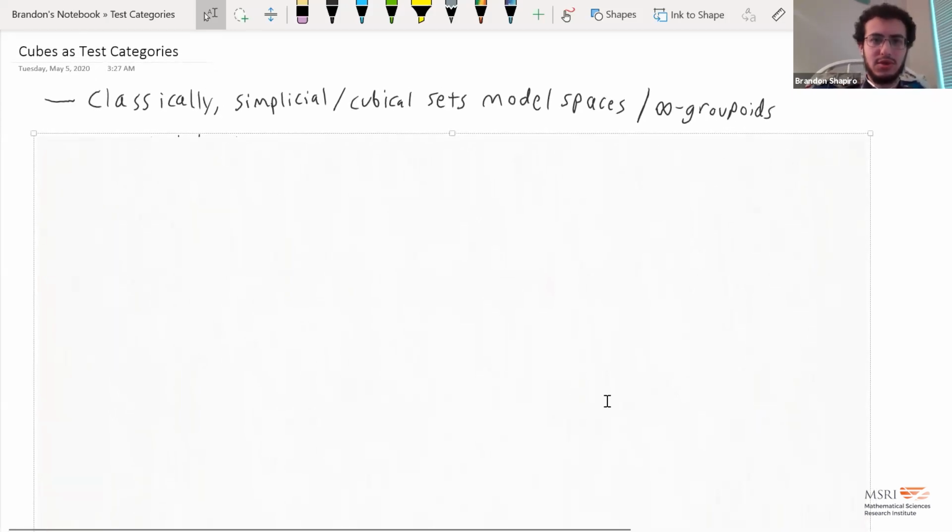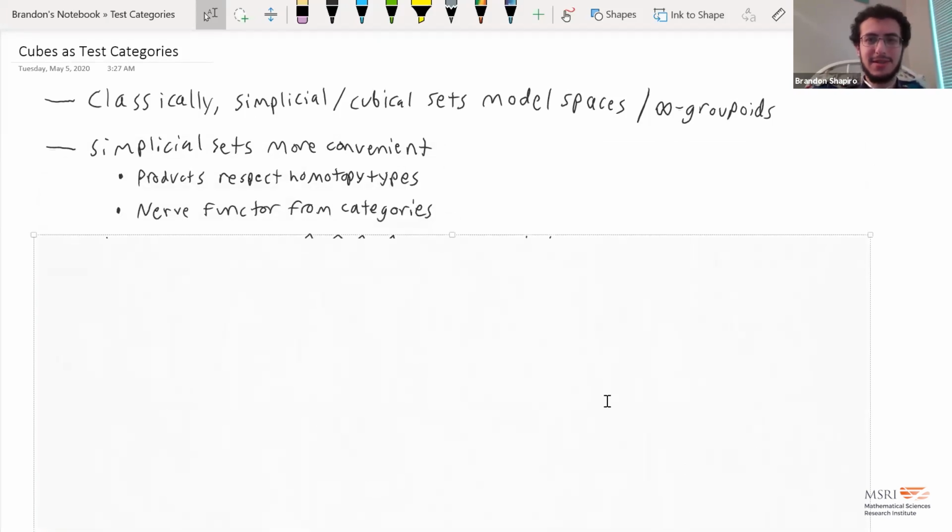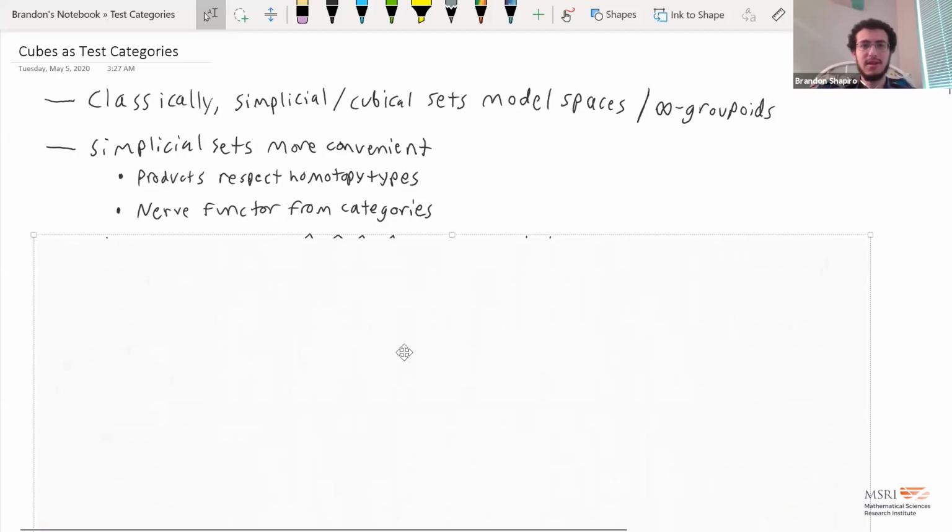Now, for several reasons, simplicial sets have been more common. And to me, it seems like that is primarily because their products work nicer, that the product of two simplicial sets gives you actually the product of their homotopy types.